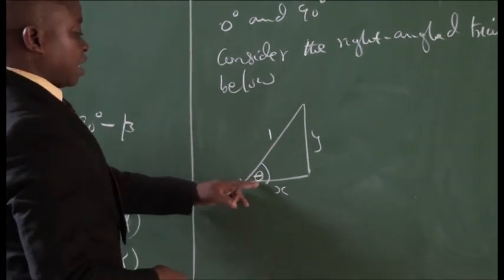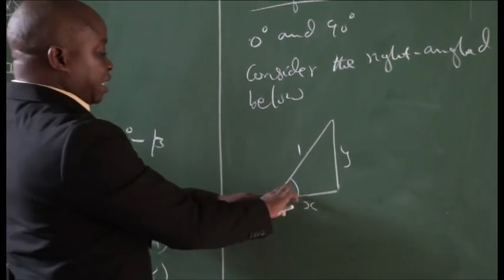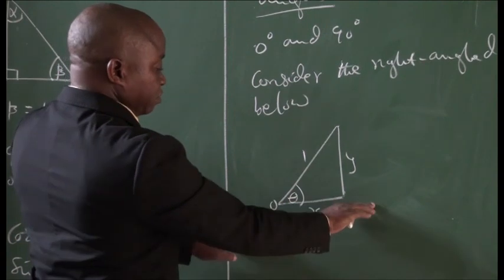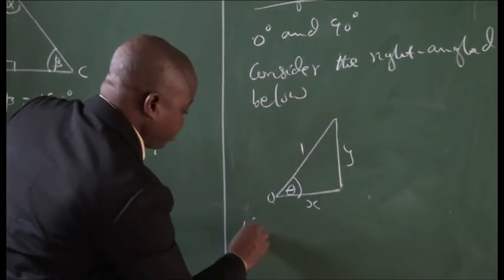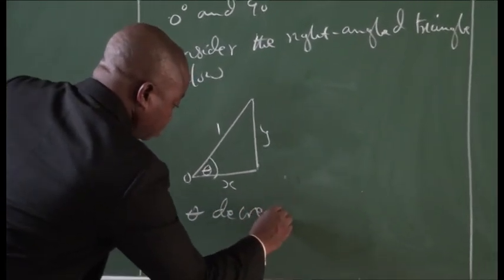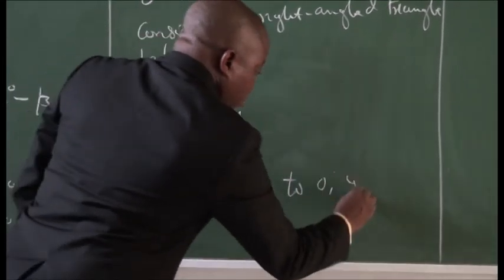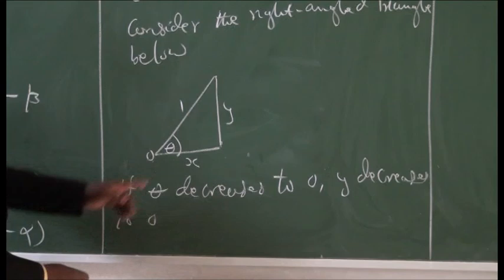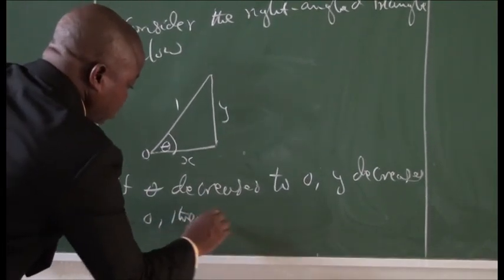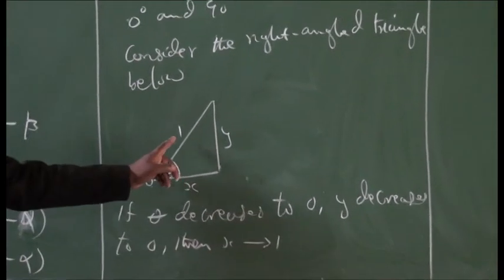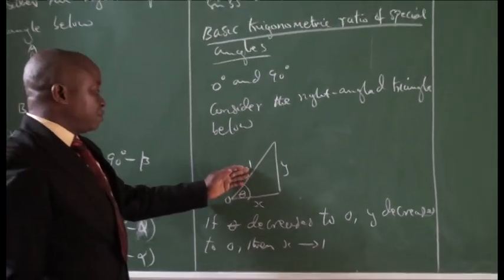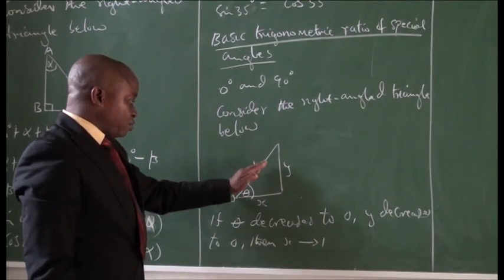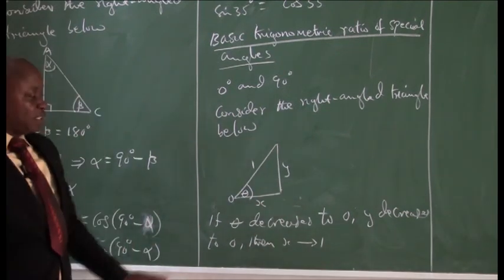If theta decreases to 0, y decreases to 0, then x approaches 1. By the time y becomes 0, theta goes to 0. Then you see this hypotenuse will fall onto the x-axis, and it will become 1.